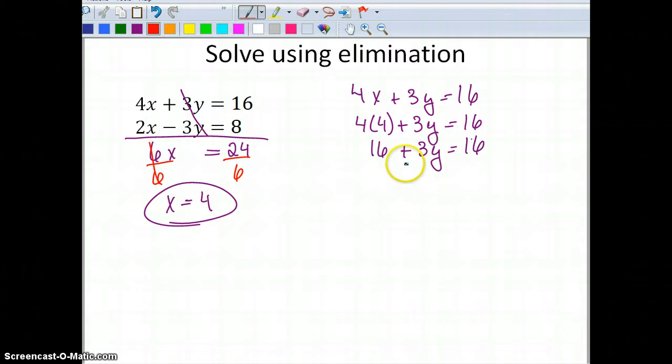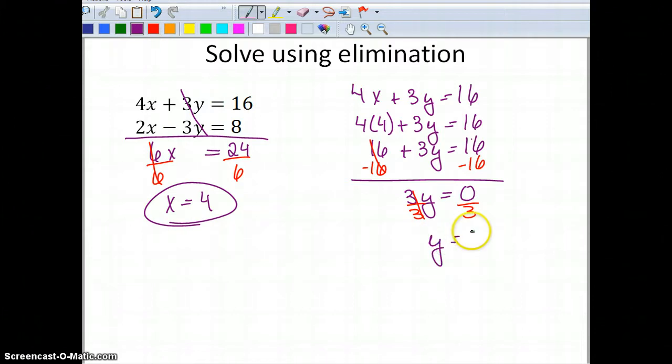I'm going to isolate y, so I'm going to subtract 16 from both sides. So now I have, well, 3y is equal to, well, 16 minus 16 gives me 0. I'm going to divide each side by 3. And y is equal to 0.